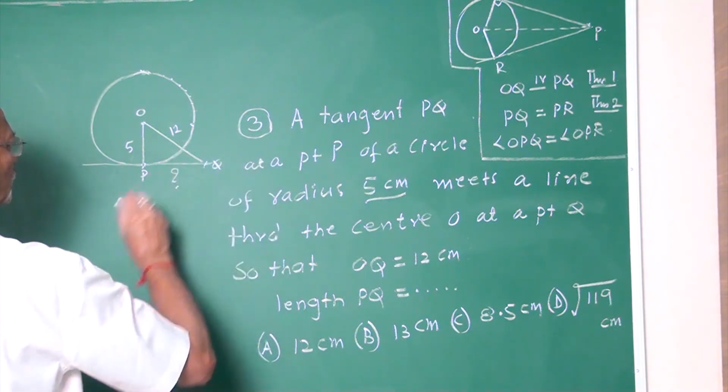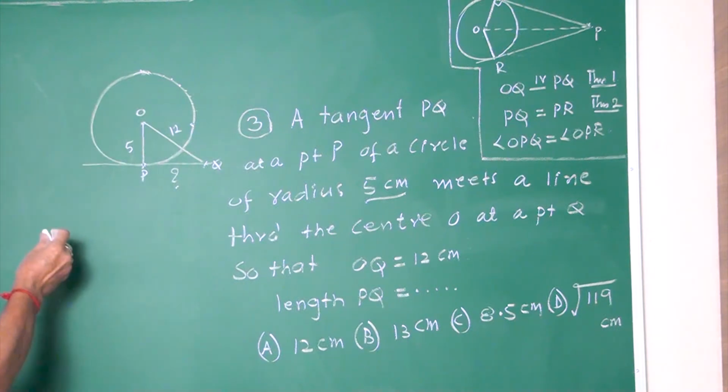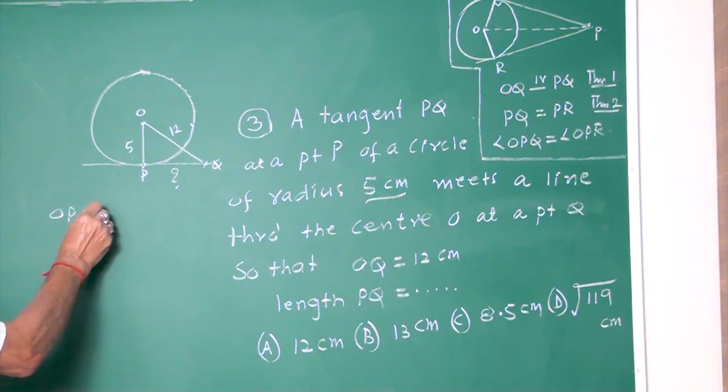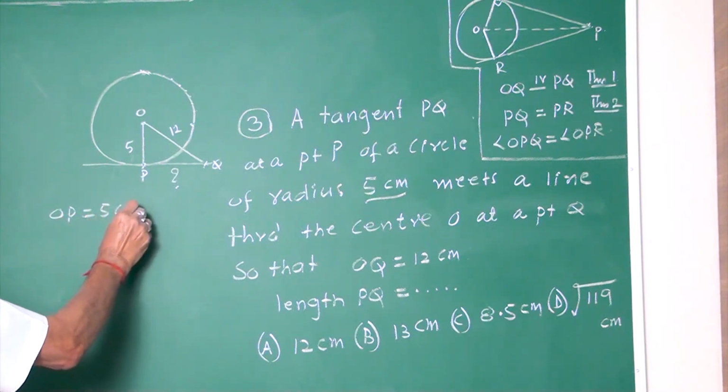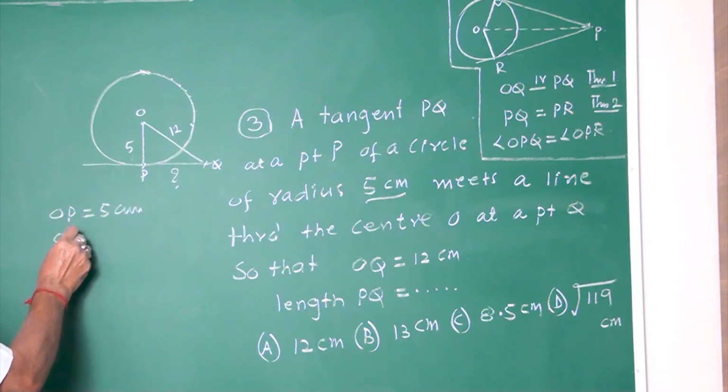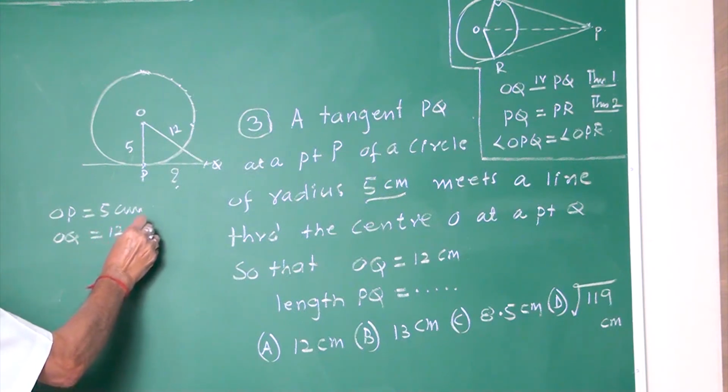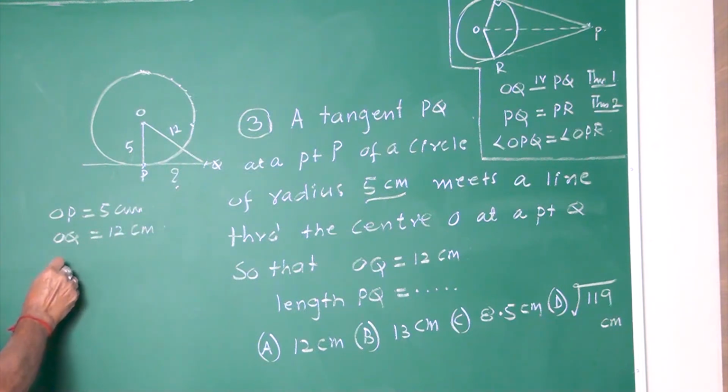Yes, this is the figure, my friend. OP is given 5 centimeter. OQ is given, OQ is 12 centimeter. You want to find the PQ.